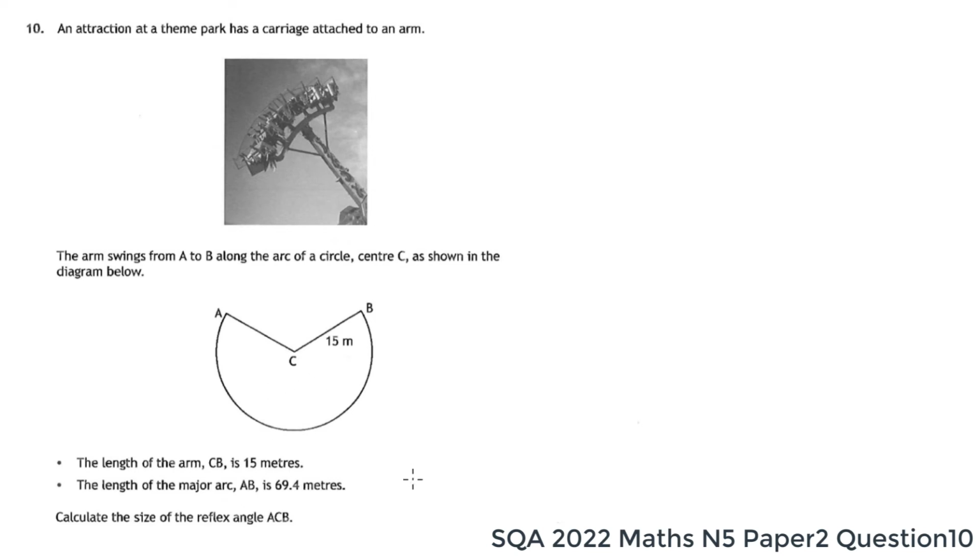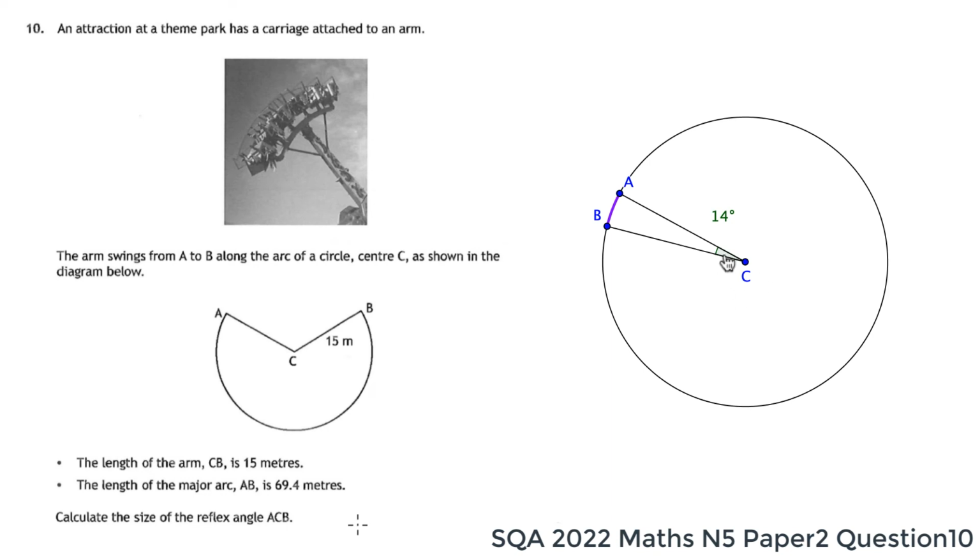Now you may not be sure about these words major arc and reflex angle, so let's talk about that in a bit more detail first. So here we have an angle at the centre standing on arc AB, an angle of 14 degrees standing on arc AB.